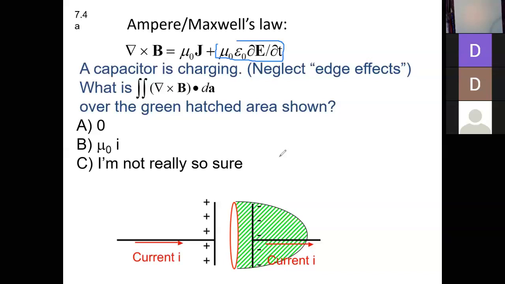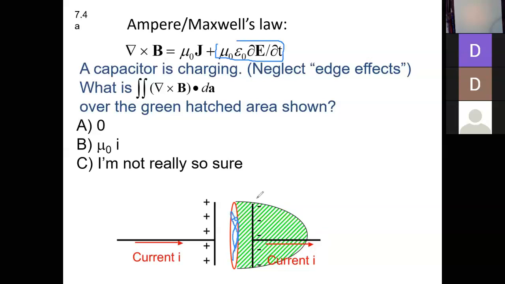So what Maxwell realized is, in this capacitor situation, there's no current going across the capacitor, right? But this integral has to be the same no matter if I use this hash green area or just the area that encloses this by this circle, right?